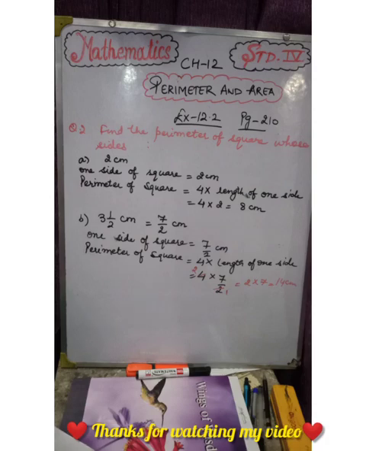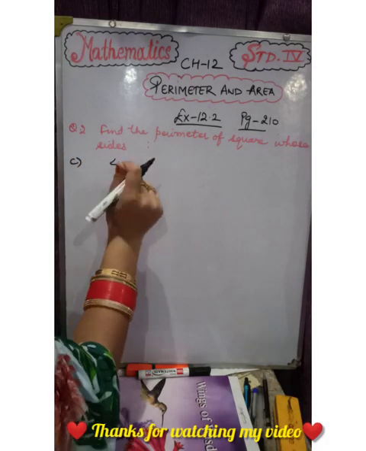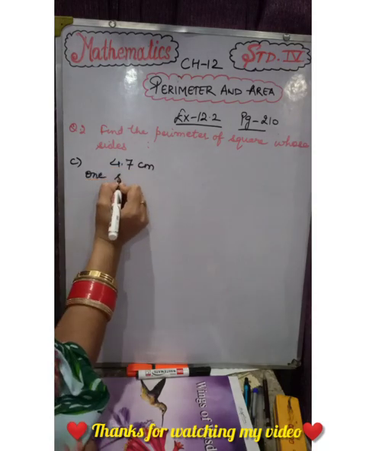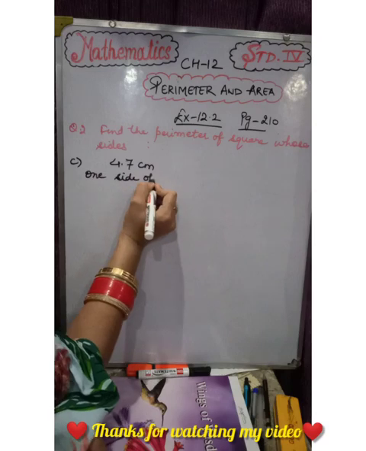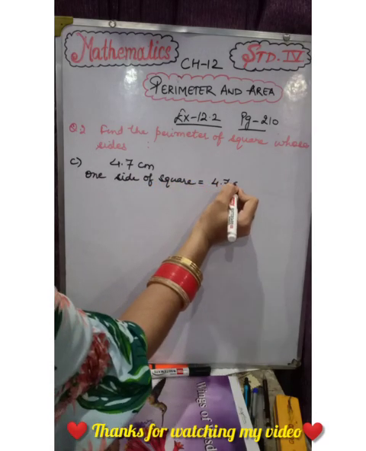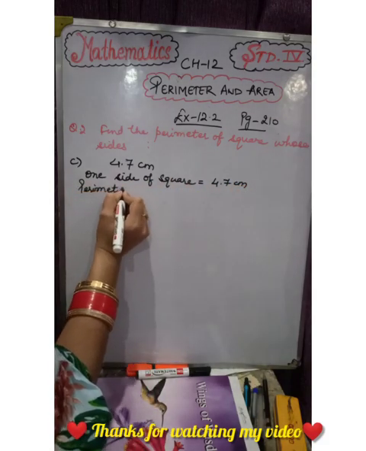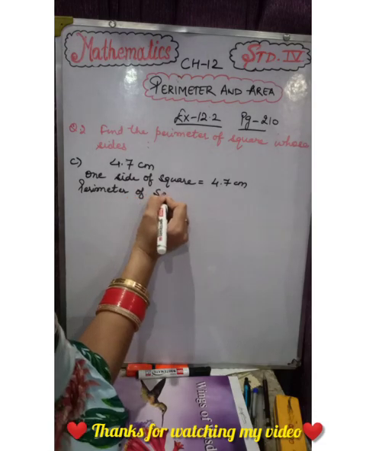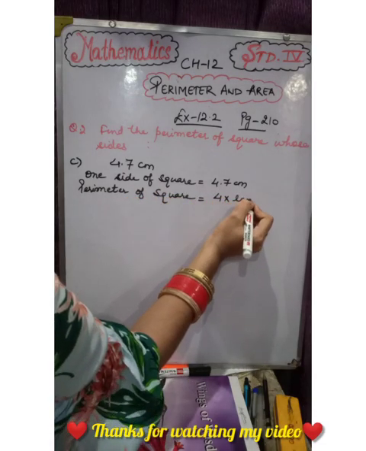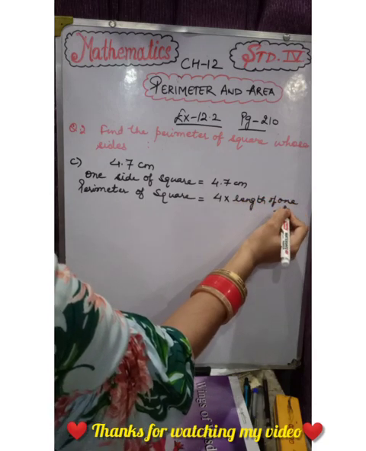Now let's come to the C part. C part is 4.7 centimeter. So one side of square is 4.7 centimeter. We'll write perimeter of square is 4 multiply length of one side.